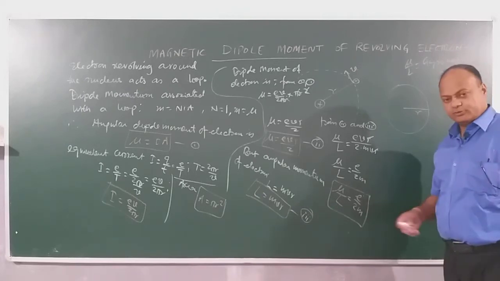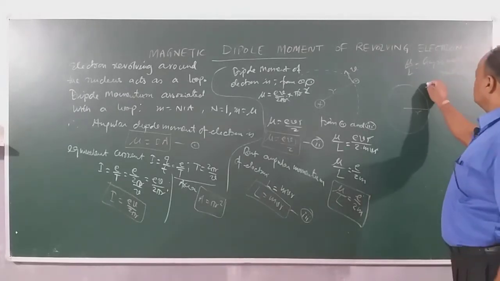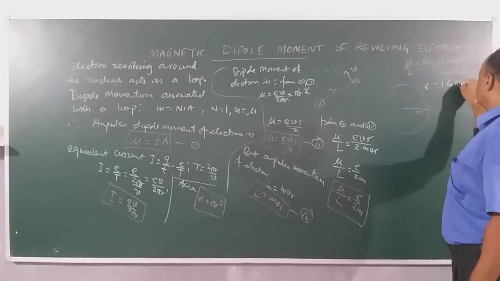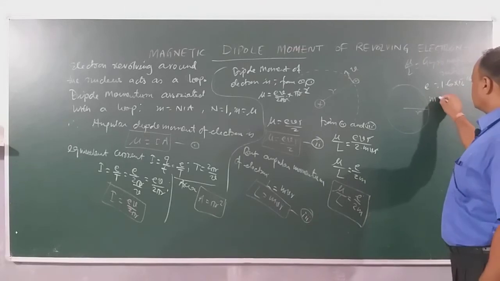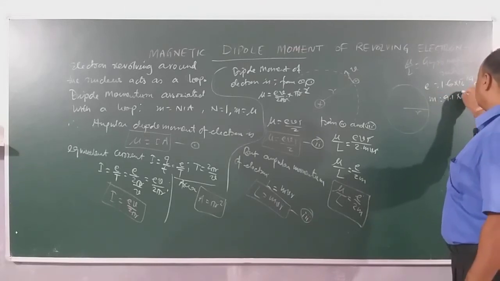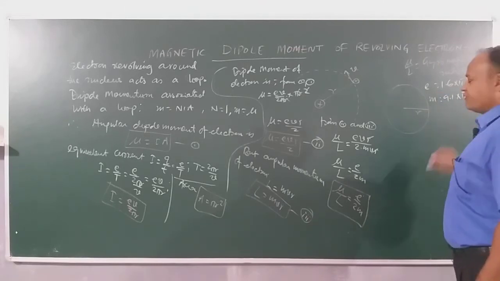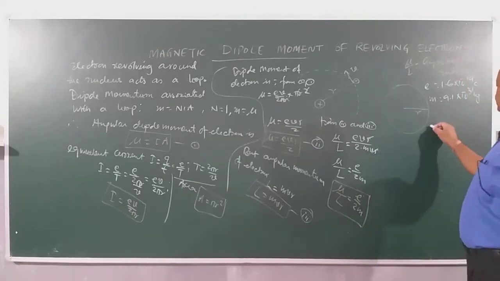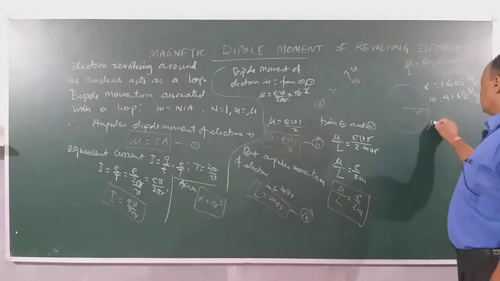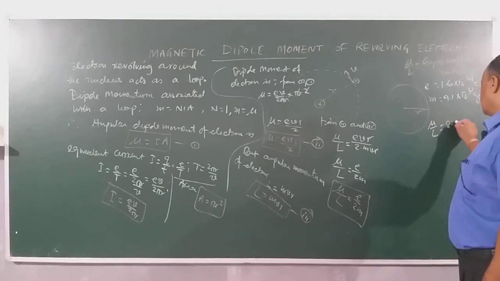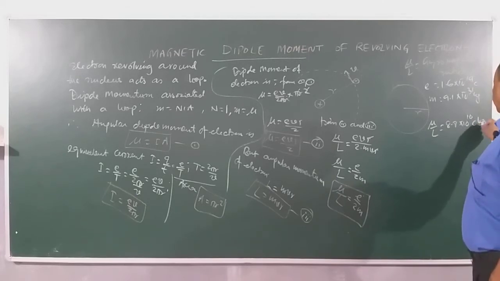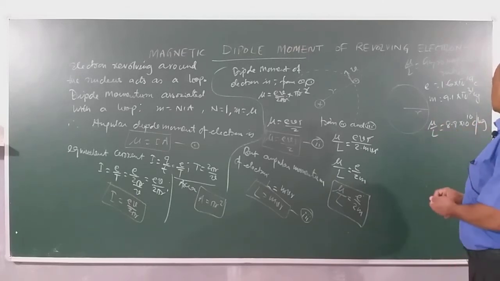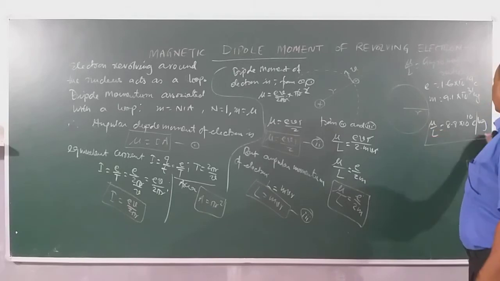So if you put this value, e is equal to 1.6 × 10⁻¹⁹ coulomb, and the mass of the electron is, children, 9.1 × 10⁻³¹ kilogram. If I put these values, then mu by L comes to 8.8 × 10¹⁰ coulomb per kilogram.